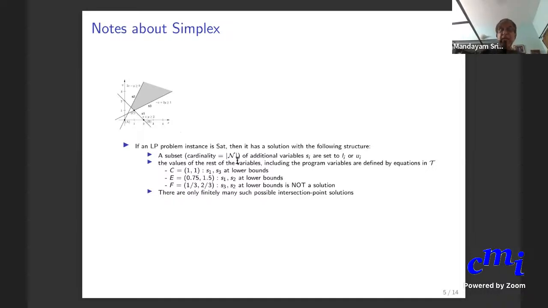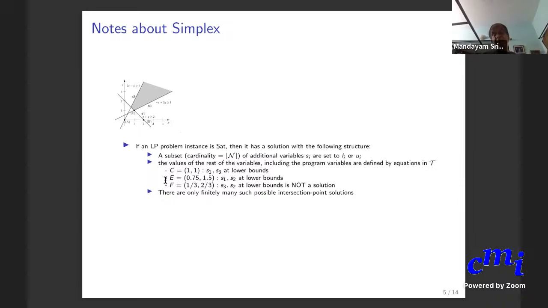There will always be some subset of the variables that are set to either their lower bound or upper bound. All the rest of the variables, when there is a solution that simplex finds, are basic variables.